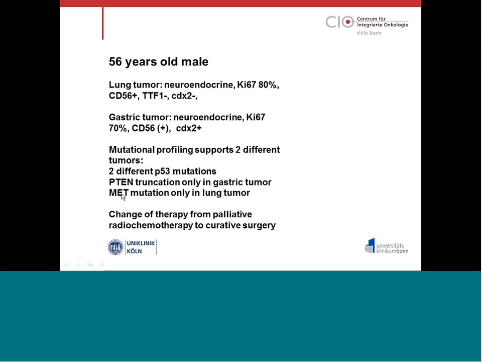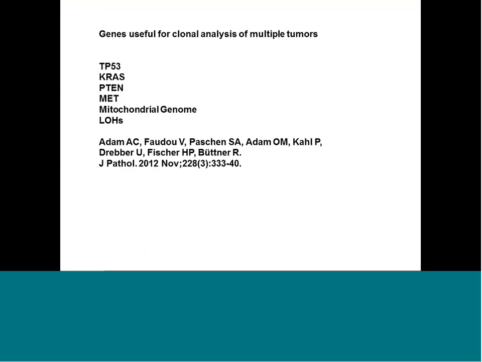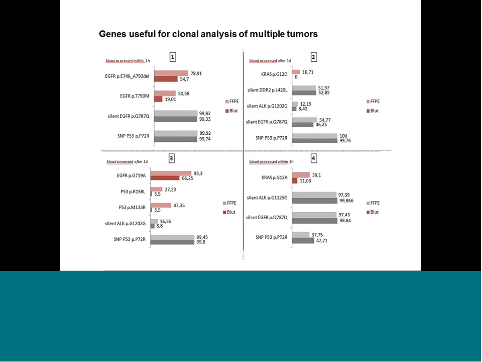So molecular profiling really can tell you the molecular evolution of the disease, also according to standard anatomical classification from T1 to T4, and to discriminate metastasis from multiple primary tumors. And this is a list of genes that have a very different mutational spectrum and are useful to classify private mutations in individual tumor lesions over time.